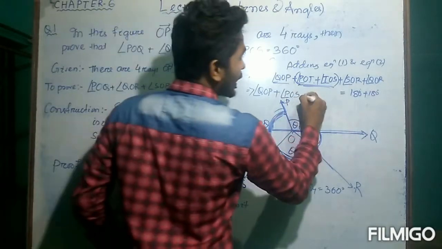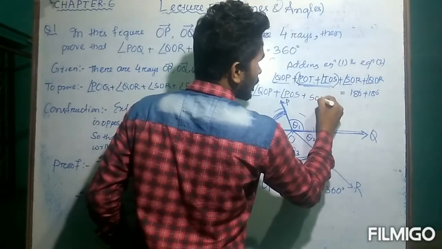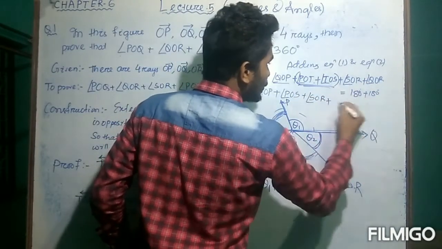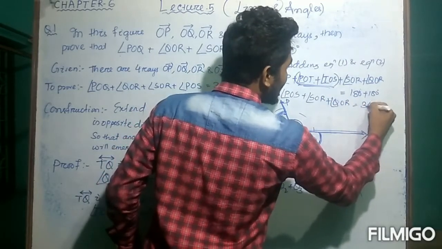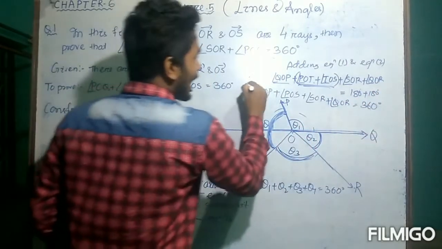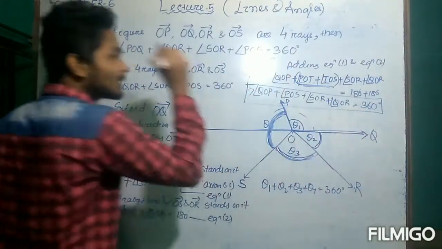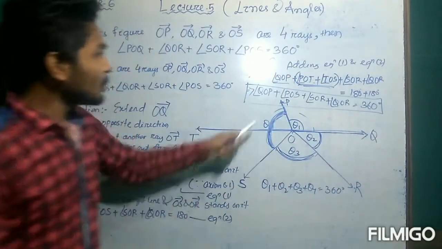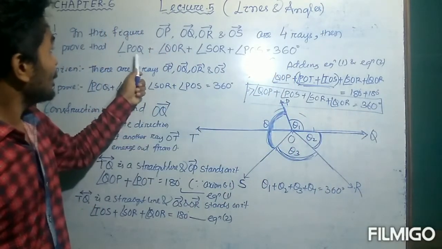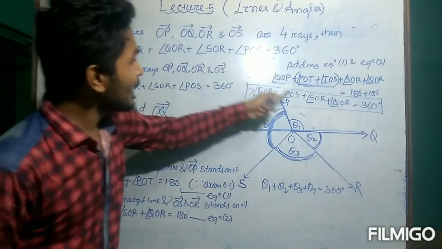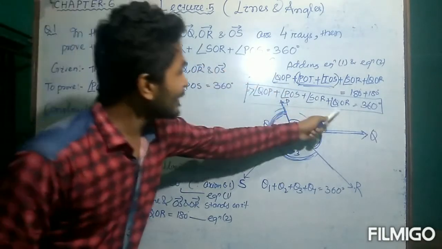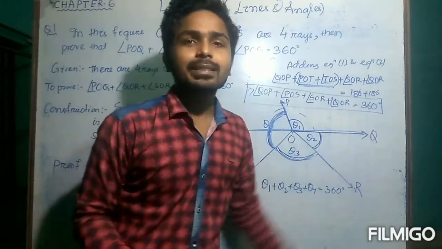Right? Then SOR plus QOR is equal to 180 plus 180 is 360 degrees. Hence it is proved. You have to prove POQ plus POS plus SOR plus QOR is equal to 360 degrees.